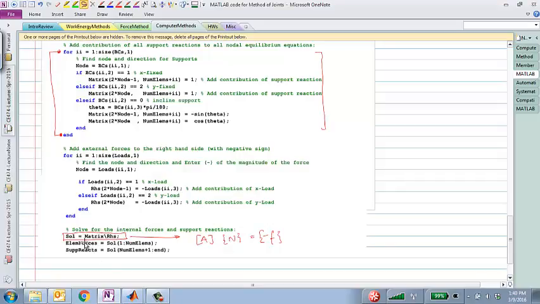And once we do that, element forces and support reactions are just certain elements of that solution vector. So that's how we solved a statically determinate truss.